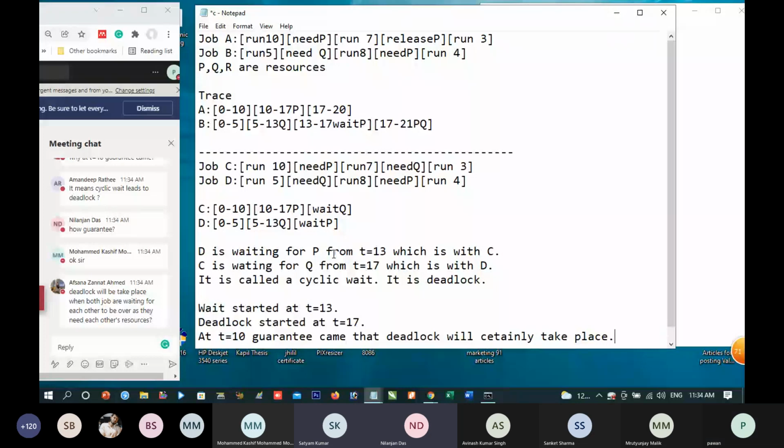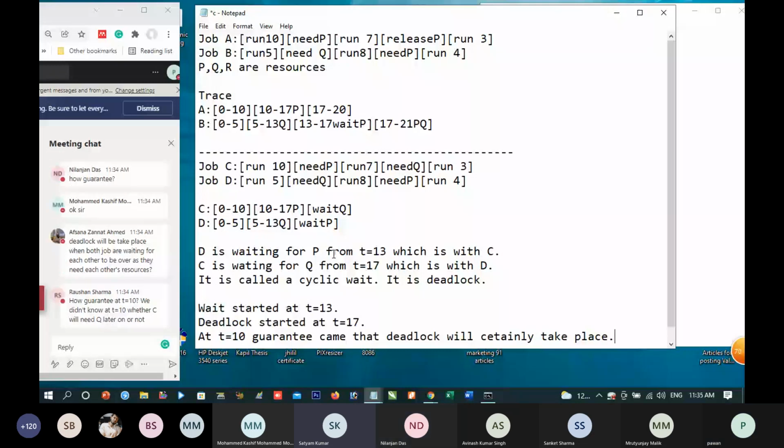That is correct. Cyclic wait leads to deadlock, but the guarantee of the deadlock does not require cyclic wait. Yes, correct. Jannat, you are fully correct. Best definition of deadlock: few jobs are waiting for each other to be over.